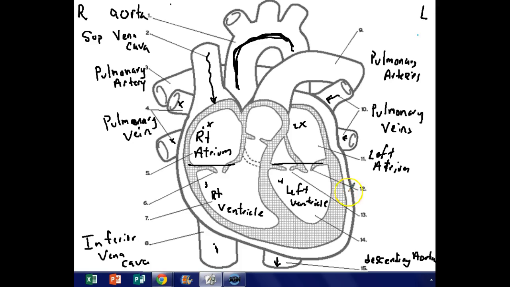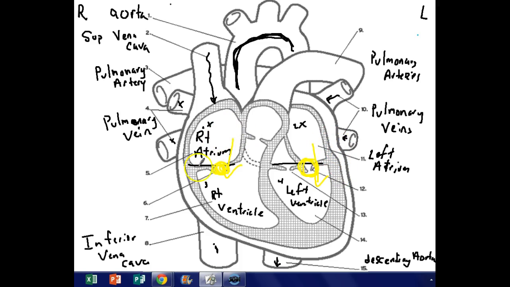valves of the heart. I'll put them in yellow. Here's a valve right here. That's a valve, and that's a valve right there. The purpose of these valves is so that when the blood comes down in this direction, the blood doesn't go back up. Blood's not allowed to regurgitate.